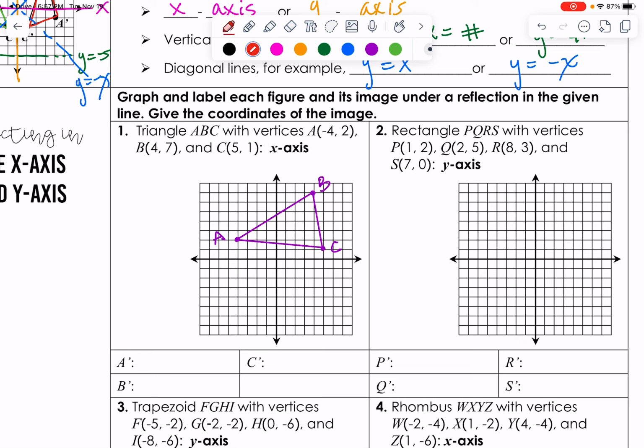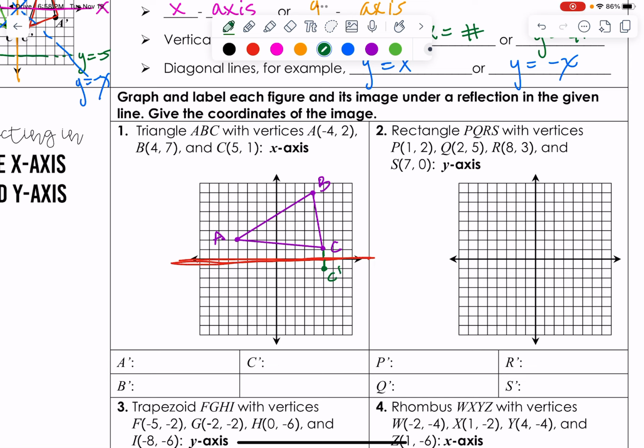I'm going to highlight the x-axis. Remember that every point has to be an equal distance from it. Since C is 1 up, it's a distance of 1, so it will be a distance of 1 below, and that will be C prime.